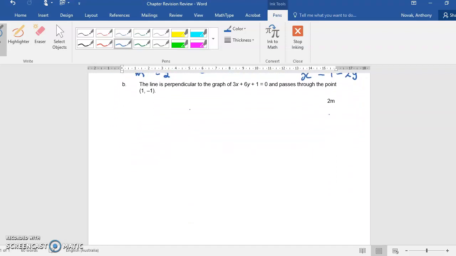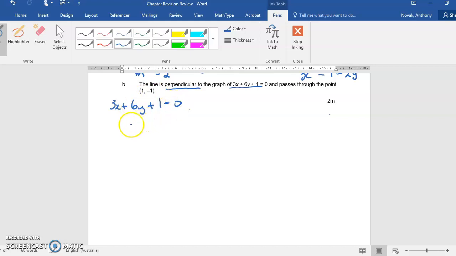And finally, this one here we must read carefully. So again, we just rewrite that in the y equals mx plus c format so that we can work out the gradient and then work out the perpendicular gradient. So we have 3x plus 6y plus 1 equals 0.